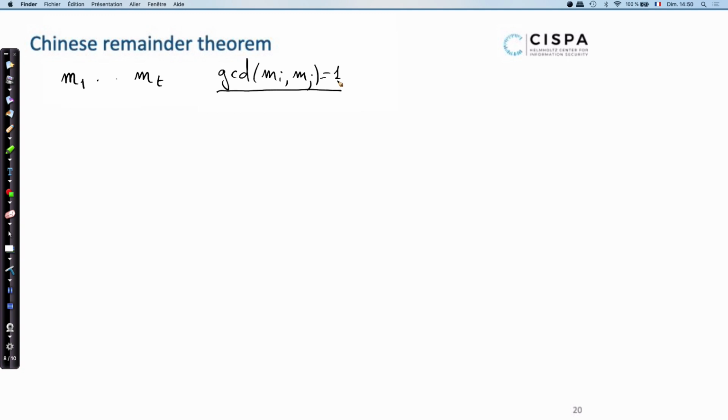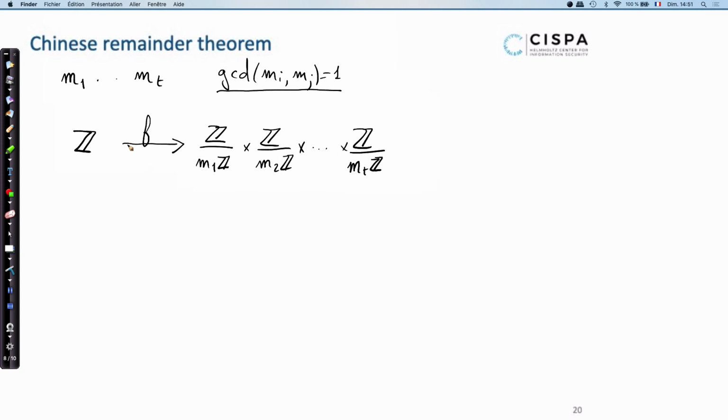Okay. And now what we are going to do is look at the map that takes an element in Z and sends it to Z over m1Z times Z over m2Z times ... times Z over mtZ. And as a corollary of the Chinese remainder theorem, we are going to understand the behavior of this map.